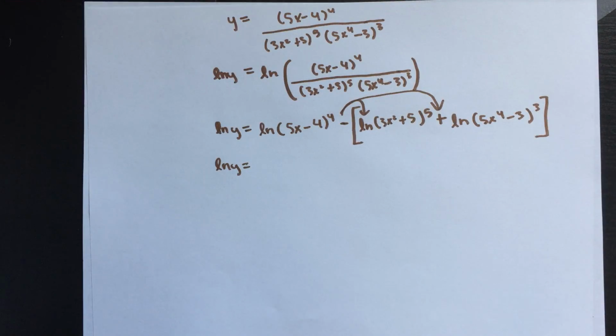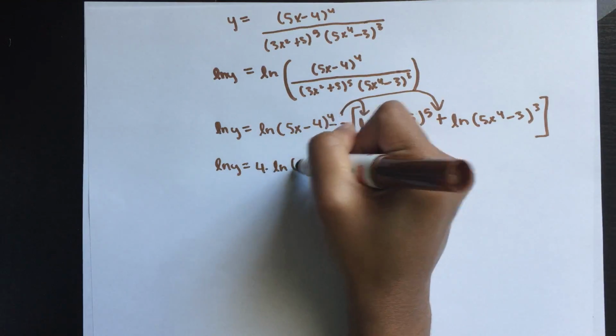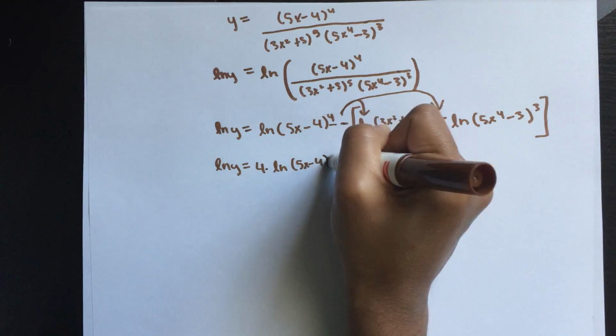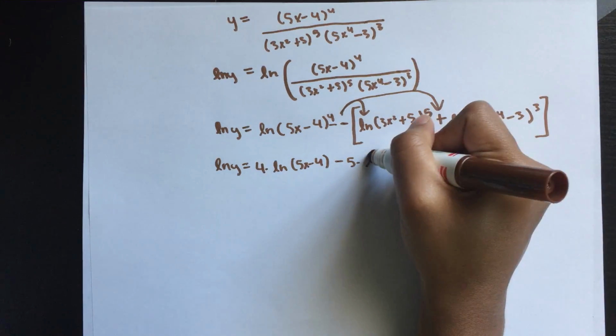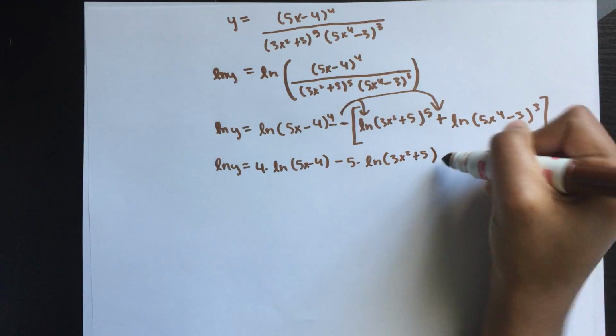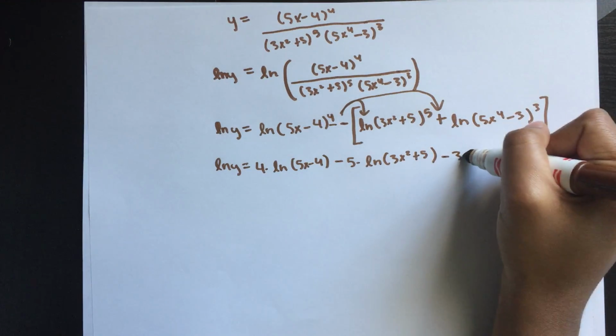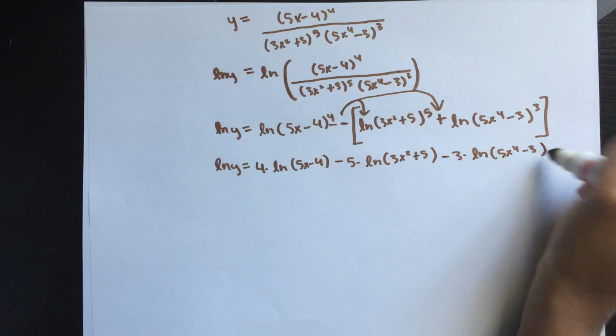So here n is 4, so it would be 4 times the natural log of 5x minus 4, minus 5 times the natural log of 3x squared plus 5, minus 3 times the natural log of 5x to the fourth minus 3.